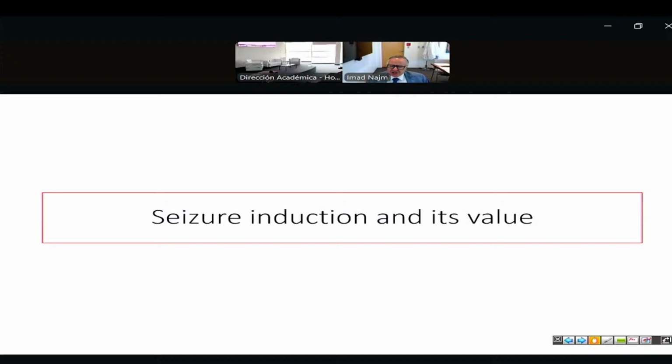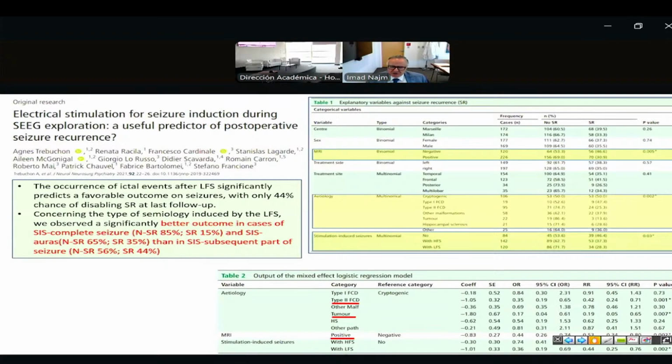Now, what about seizure induction, and does it have a value? This is a very nice paper between French and Italian groups, basically showed that low frequency stimulation and high frequency stimulation can induce seizures, and when it does induce seizure, the best outcome happens when the electroclinical manifestation of the spontaneous seizure, or characteristic spontaneous seizure, is the same as the one by the induction.